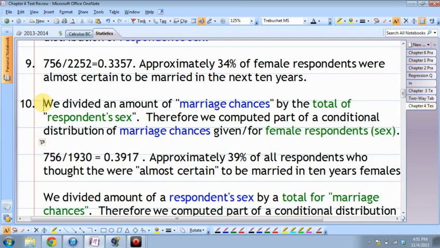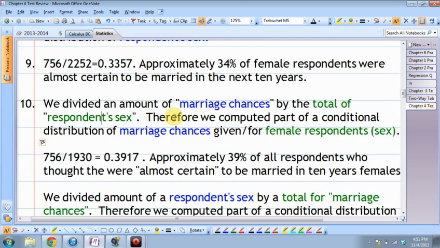Question 10. What did we divide by? Well, we divided an amount of marriage chances by a total for the respondent's sex. So that means we're not dividing by grand total, we're dividing by a subtotal.